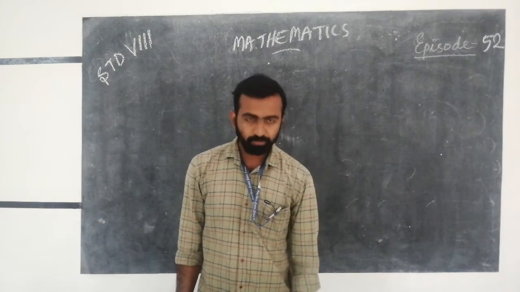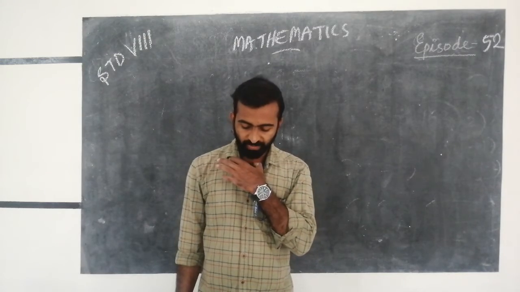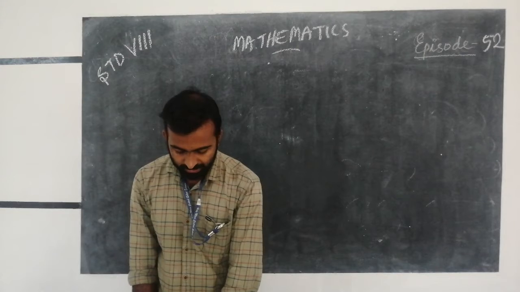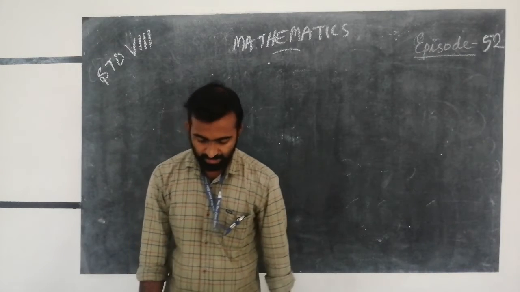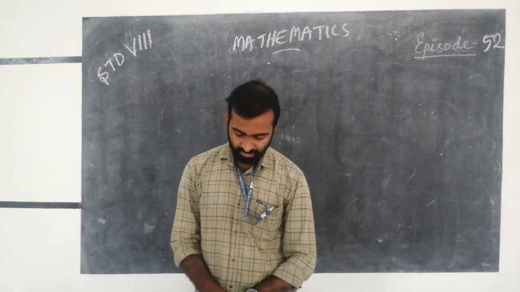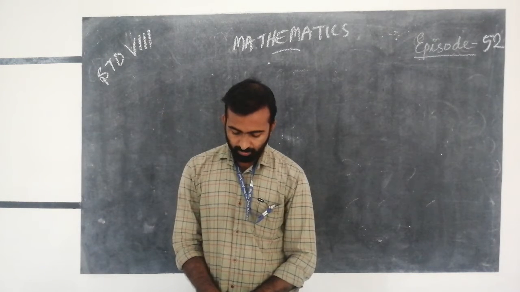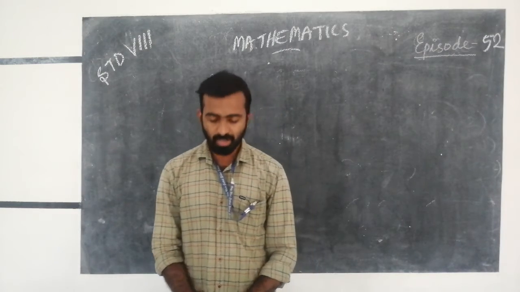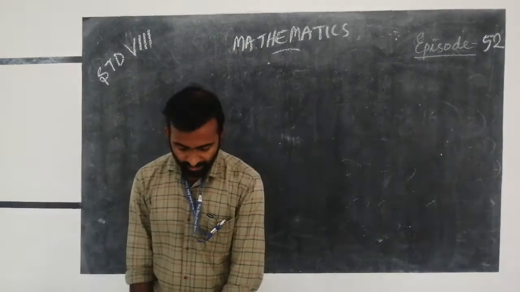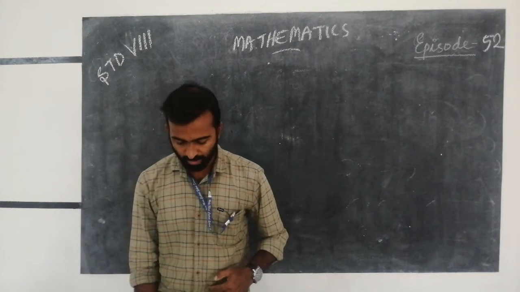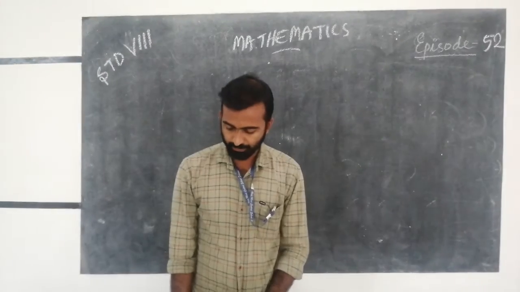And next we are going to discuss faces, edges and vertices. A solid shape bounded by polygons is called a polyhedron. The plural of the word polyhedron is polyhedra. Faces are the polygonal regions with which a polyhedron is made up.